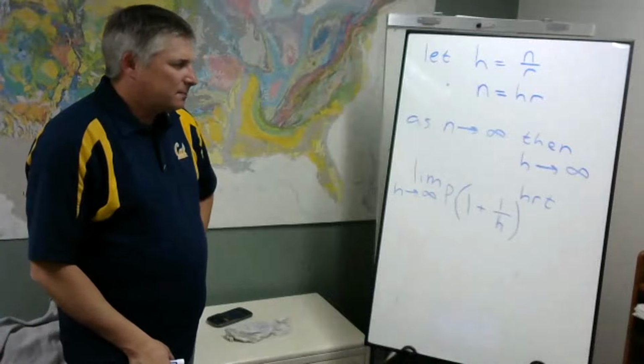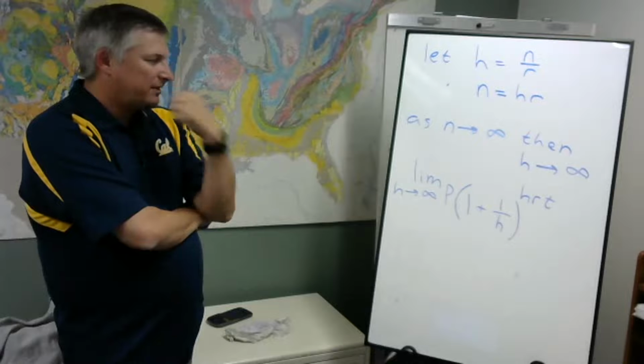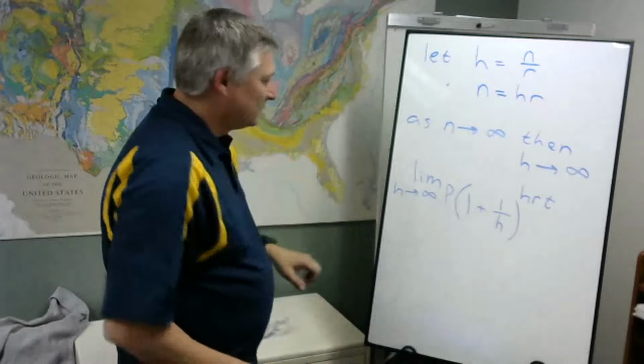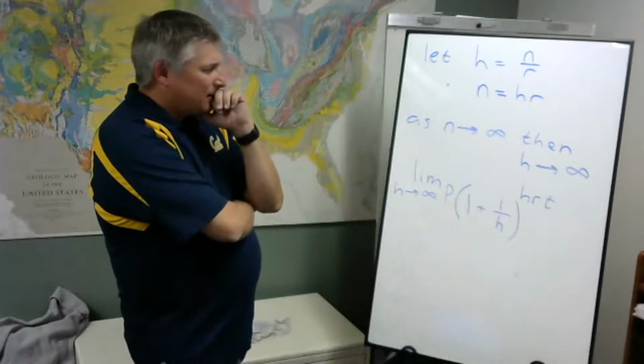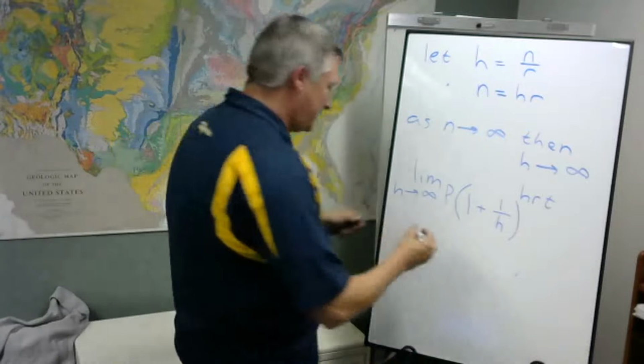There's a rule with limits that lets us bring the limit inside this multiplication with p. But we could rewrite this a little differently.